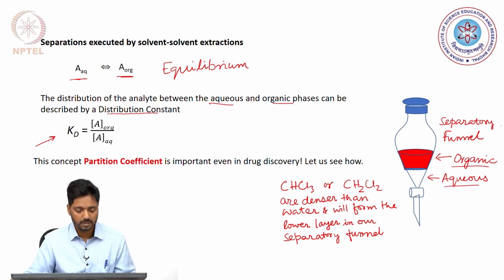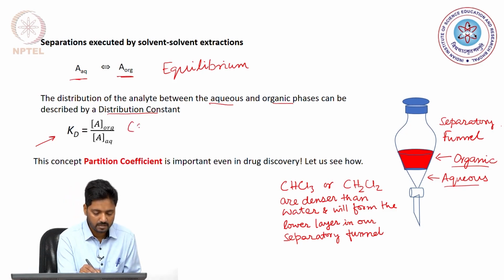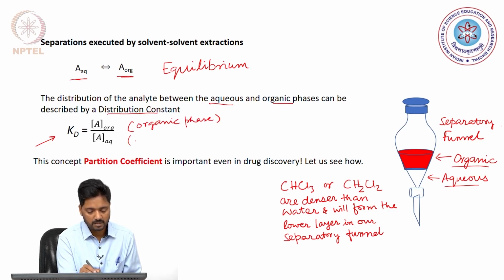It will be equal to the concentration of the analyte A in the organic phase divided by the concentration of the analyte in the aqueous phase.